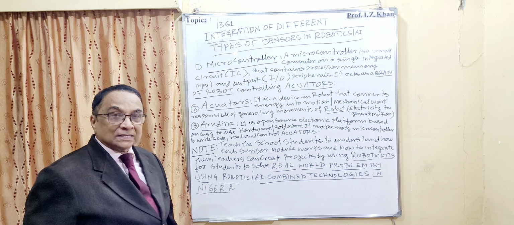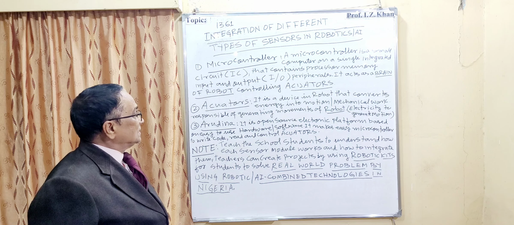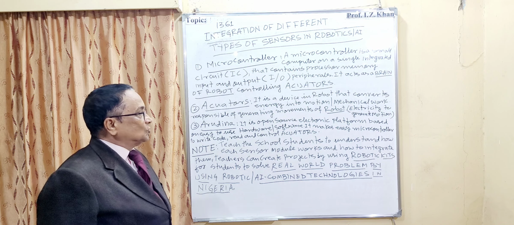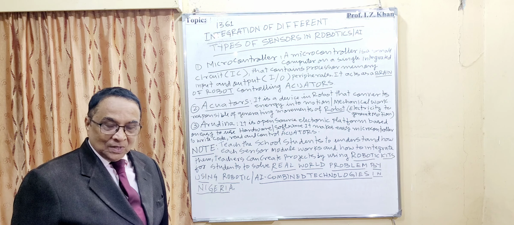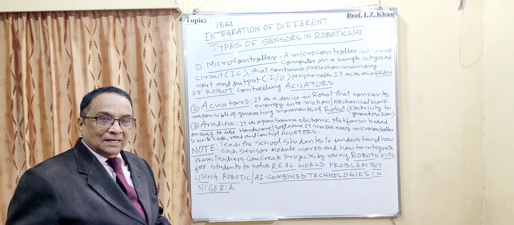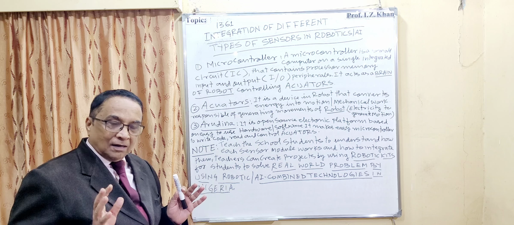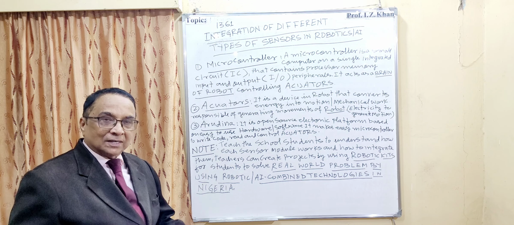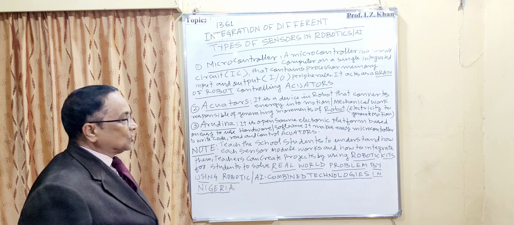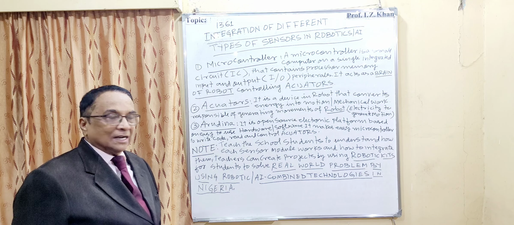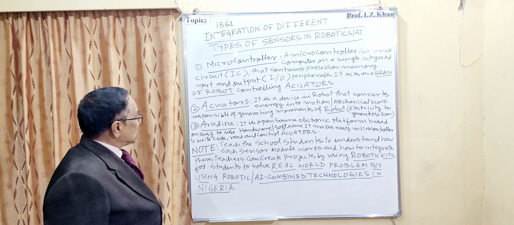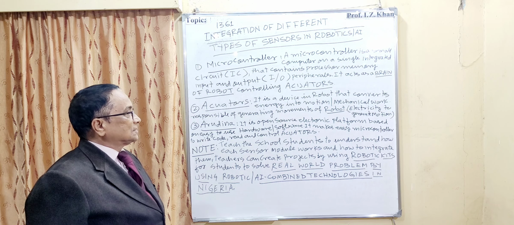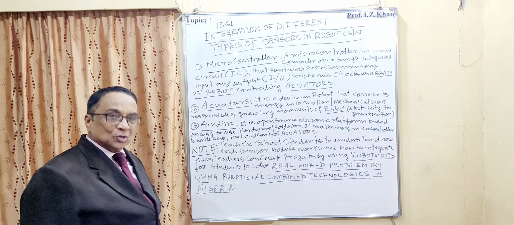actuators. Now what are actuators? An actuator is a device in a robot that converts energy into motion and mechanical work. So whatever electrical energy, electromagnetic radiation, all are in the form of energy. Once that energy is converted into motion and mechanical work, it is responsible for generating movement in the robot, that is, we call it electricity to generate motion.